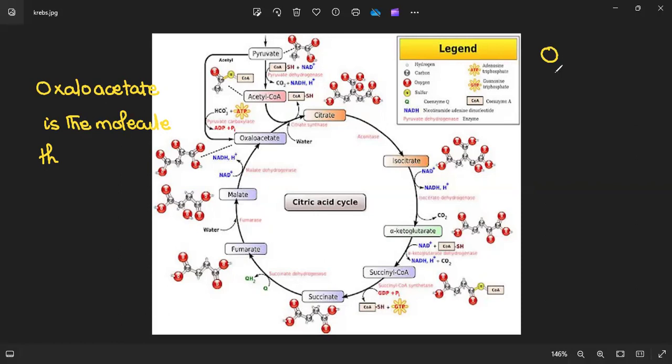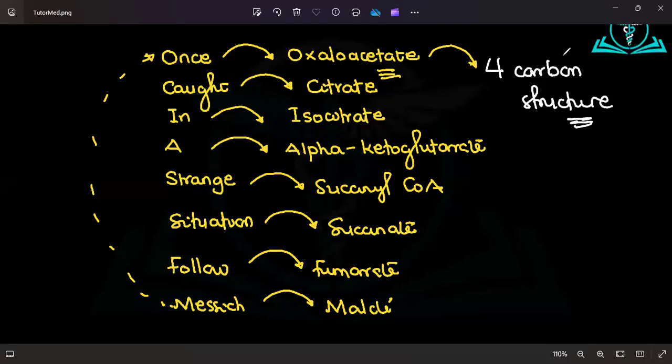O C I alpha A S S F M. OCI, ASSFM. Okay, so this mnemonic is what I generated for the components of the Krebs cycle, the TCA cycle.